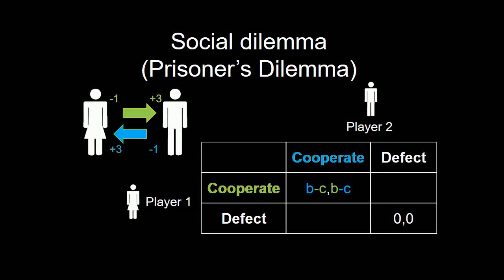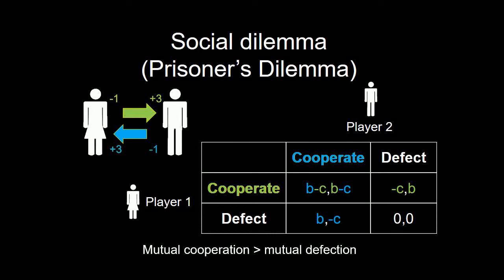But at the same time, let's think about what happens when one person cooperates and the other one defects. If player 1 cooperates and player 2 defects, player 1 pays the cost C and gives the benefit B to player 2, and player 2 doesn't do anything. And the opposite is here too, where player 2 cooperates, he pays the cost, and player 1 gets the benefit.